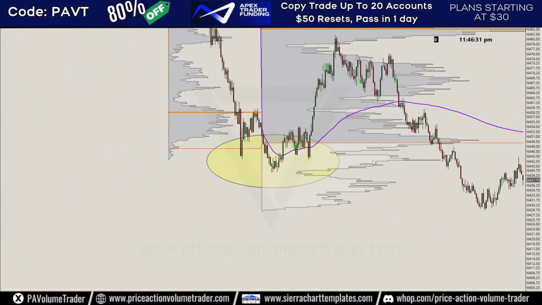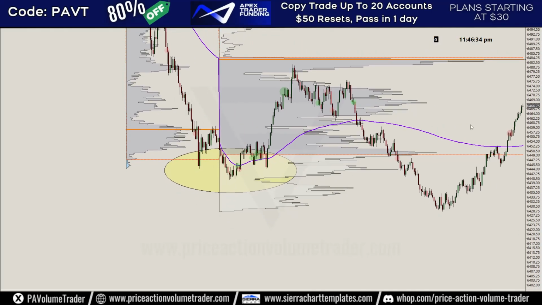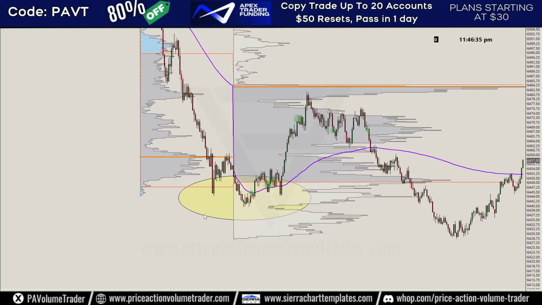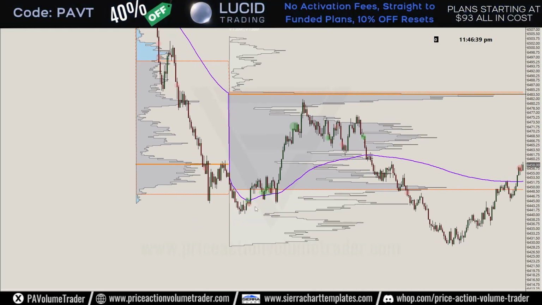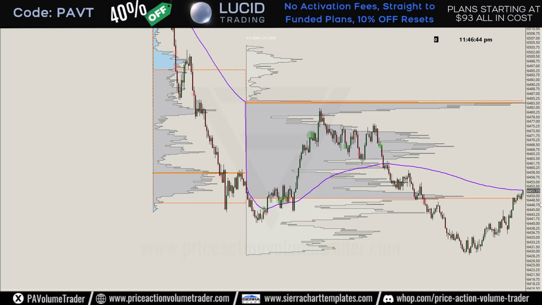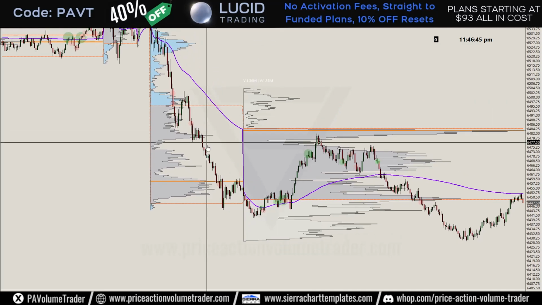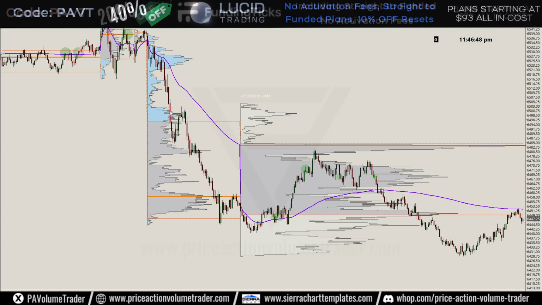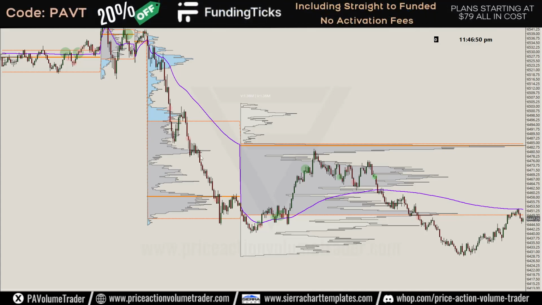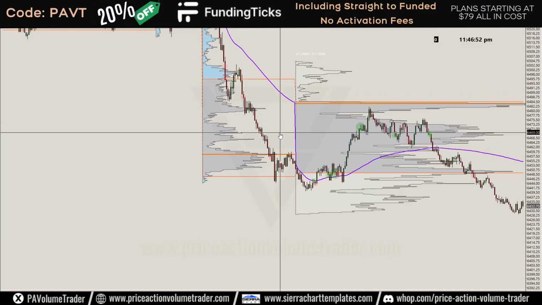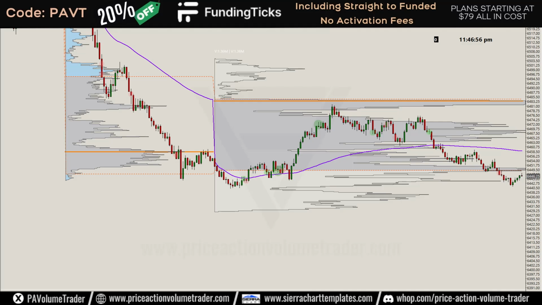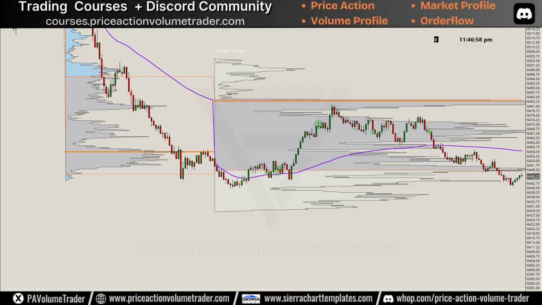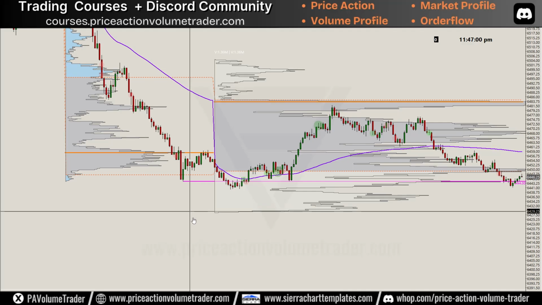Here's another example, and this is actually one of the best examples that I have, because we had the raid, but then we also had a lot of different components lining up and some nice price action patterns. We had an extremely bearish overnight session, as you can see. Huge move down. Then when regular trading hours started with New York, this was the overnight low.